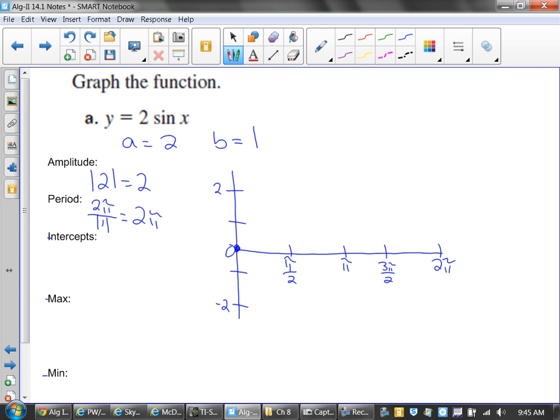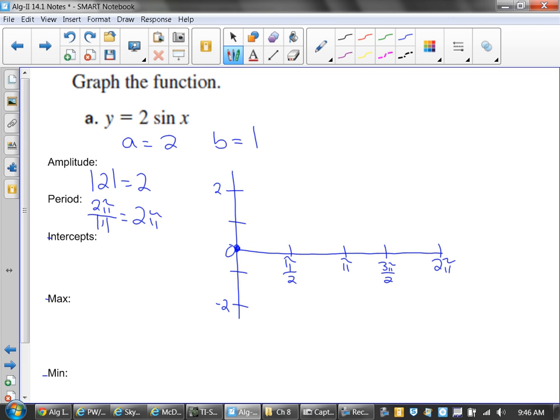Now start thinking about what it did on the unit circle. When sine got to pi over 2, it reached its maximum value, didn't it? Now, that was when your amplitude was 1. What's your maximum value going to wind up being now? 2. So here's what happens.